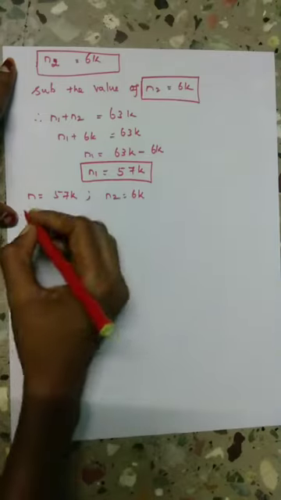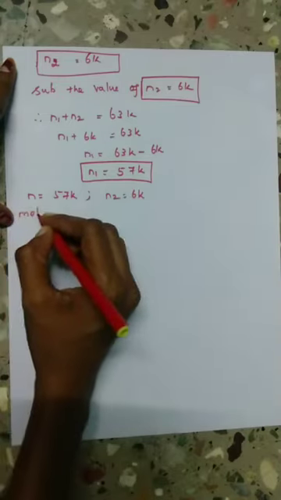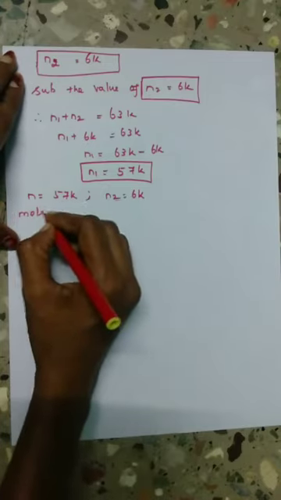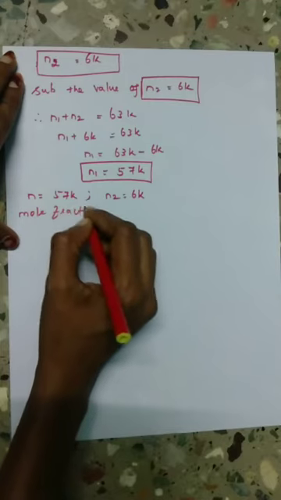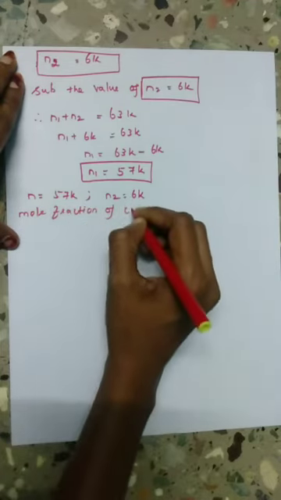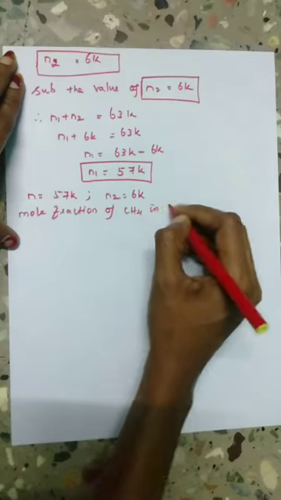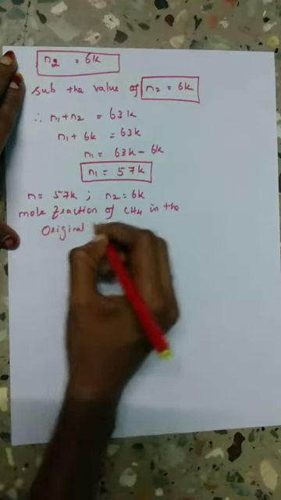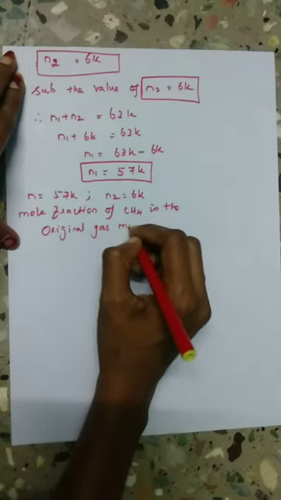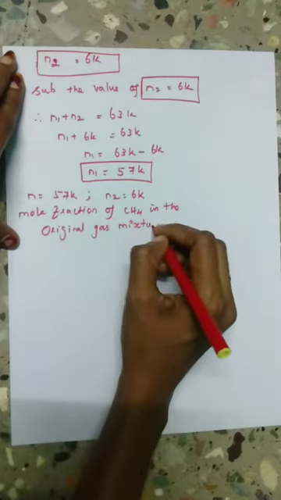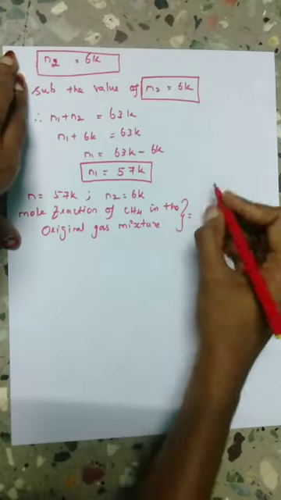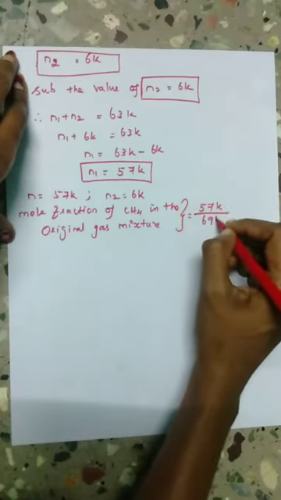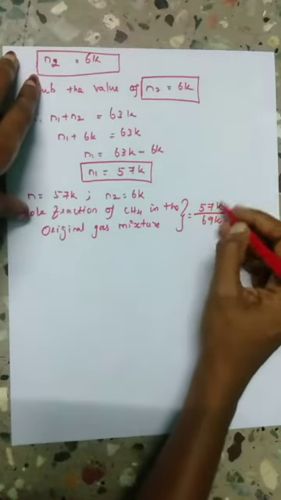So the mole fraction of what they have asked, the mole fraction of CH4 in the original gas mixture only they have asked. So the mole fraction of CH4 in the original gas mixture is 57K by 63K.